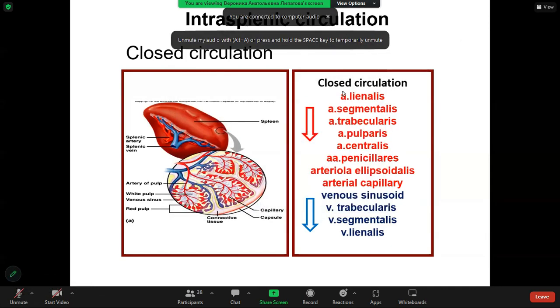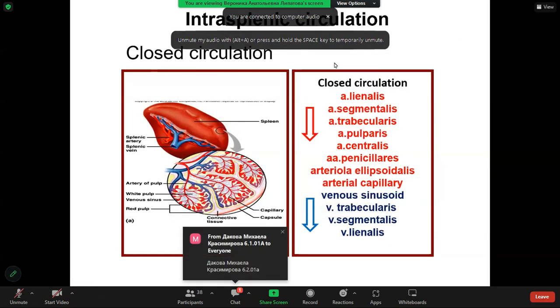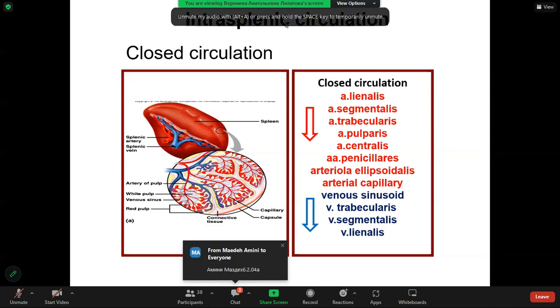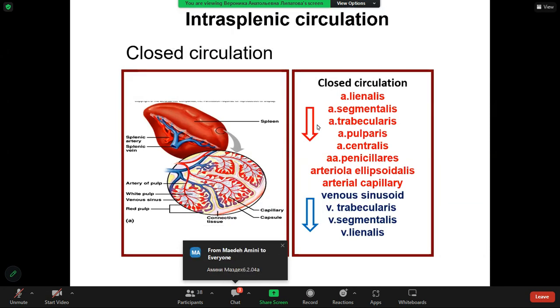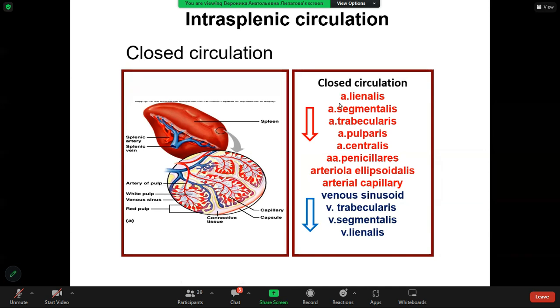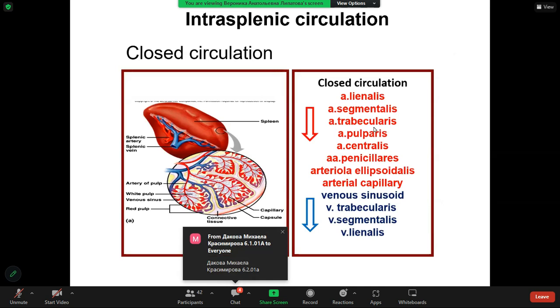Regulation within the lumen of blood vessels. In fact, this is ordinary or routine. Splenic, segmental, trabecular, pulpar, central, penicillary.